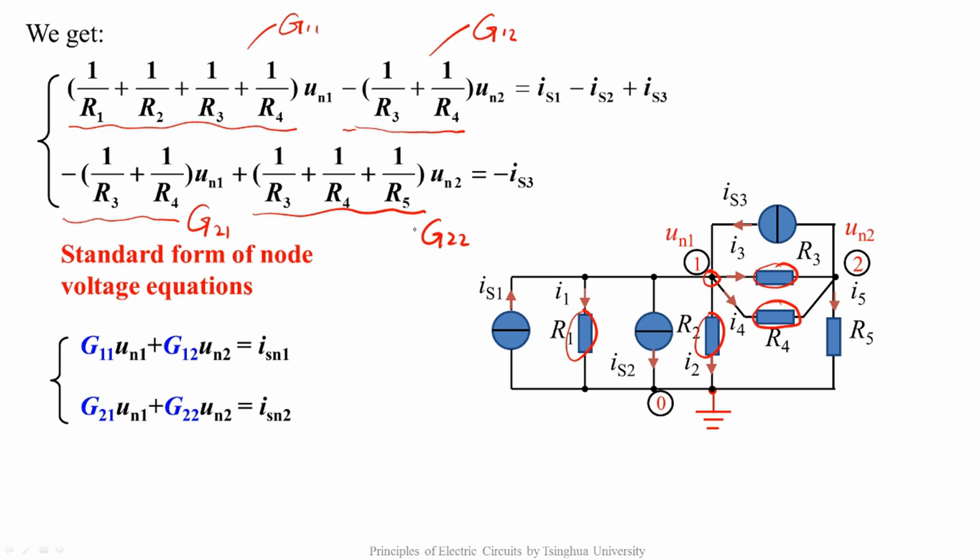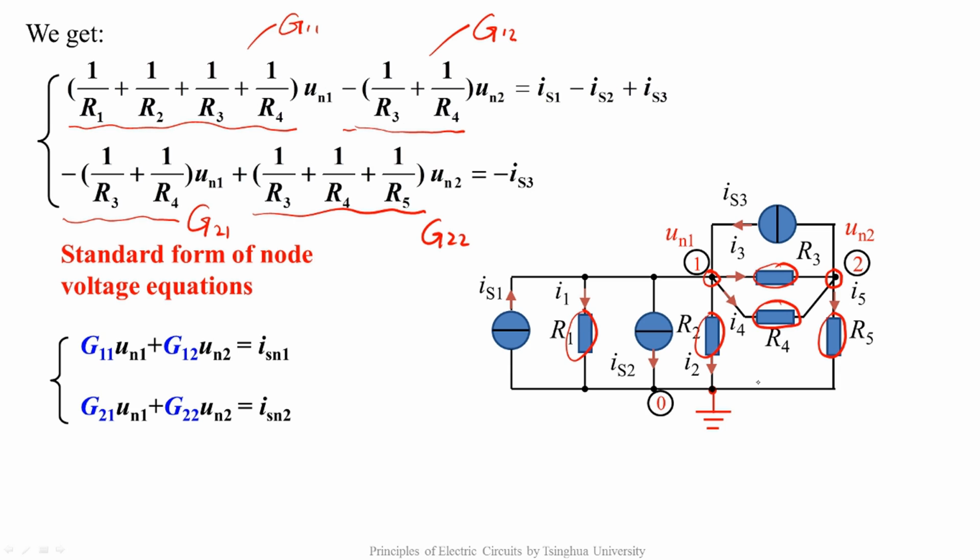For G22, we can see it equals 1 over R3 plus 1 over R4 plus 1 over R5. It also is the sum of all the conductances connected to node 2. We call them the self-conductance of node 1 and node 2.